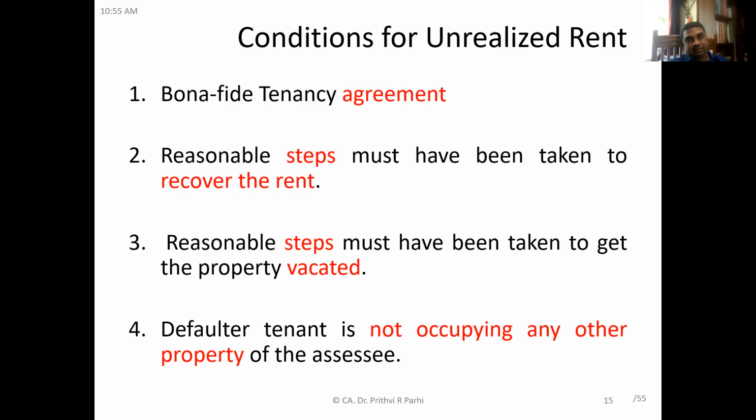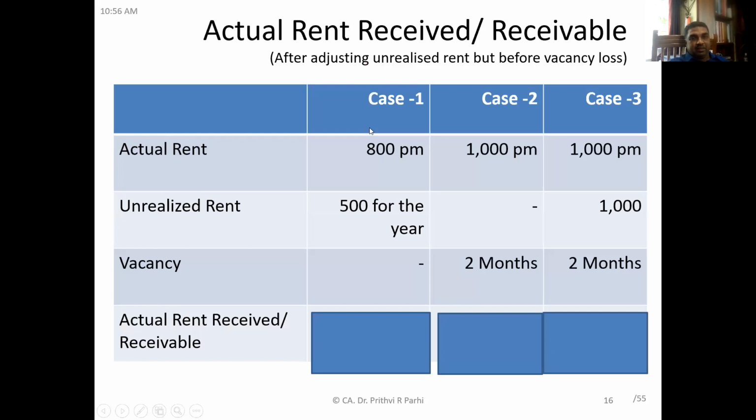Right. Now, how to calculate actual rent received or receivable after adjusting unrealized rent, but before vacancy loss. As you know, vacancy loss will be adjusted after comparing with reasonable rent. So let us see how to claim this. Here is a question, three cases are there. Case one, actual rent is 800 rupees per month. Unrealized rent is 500 rupees for the year. And the property is not vacant.